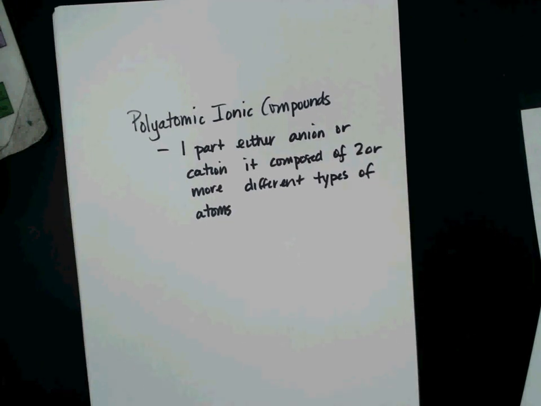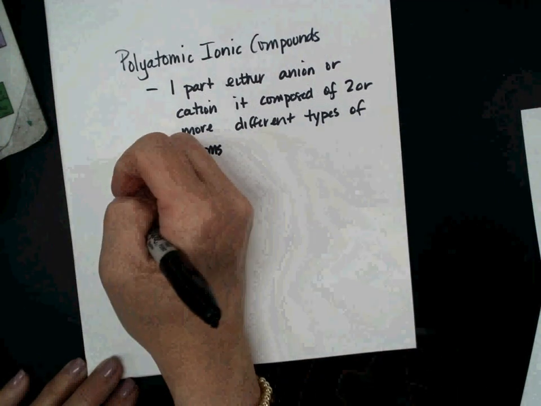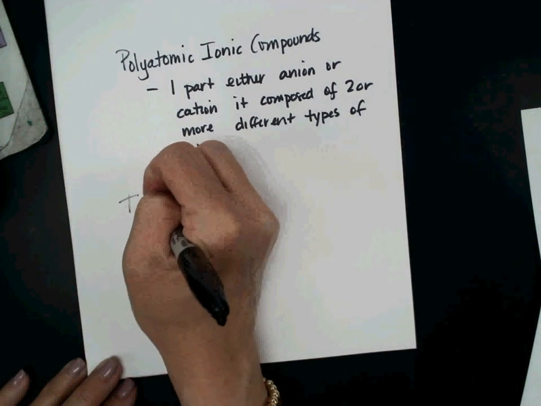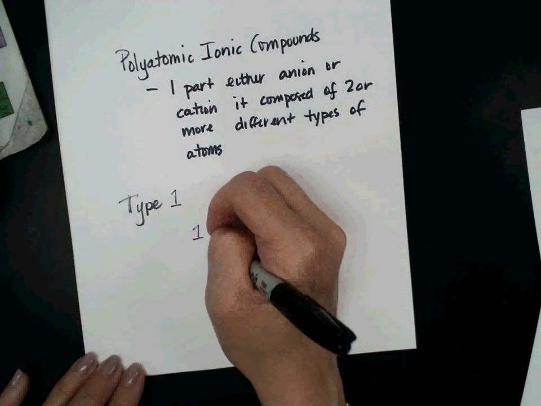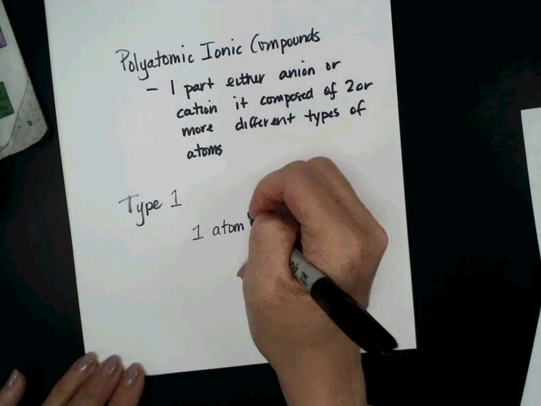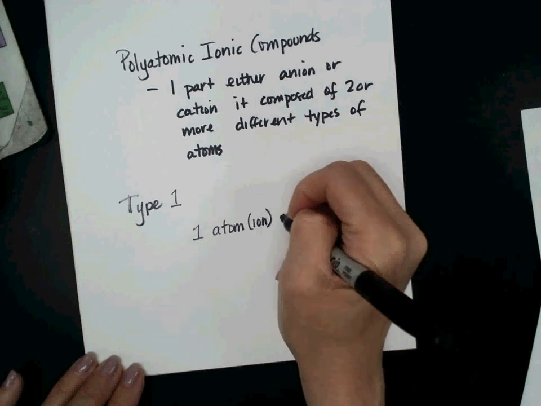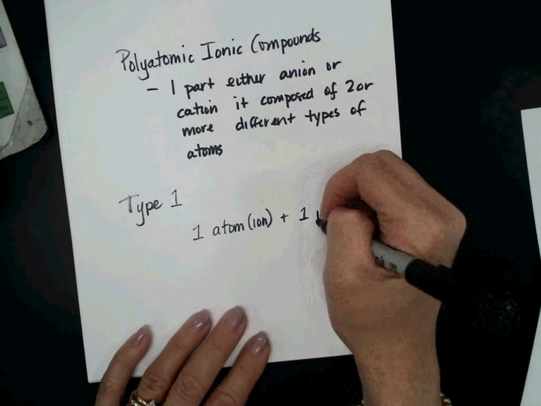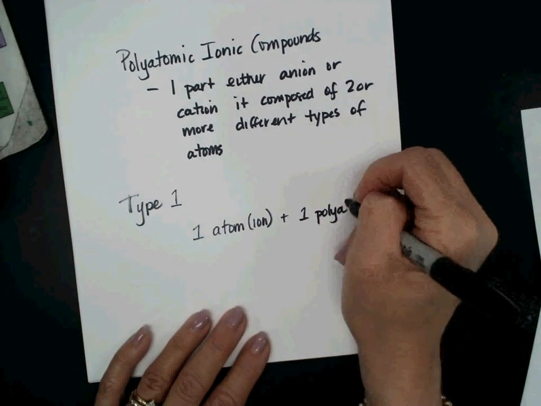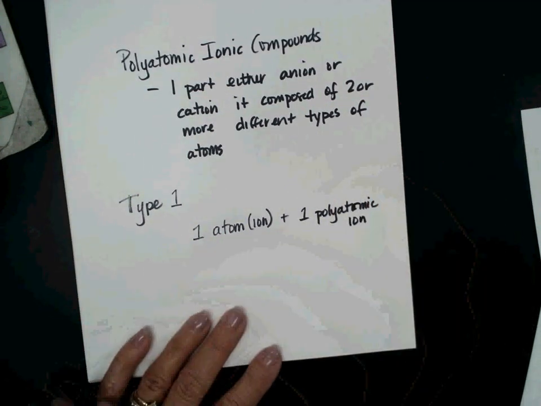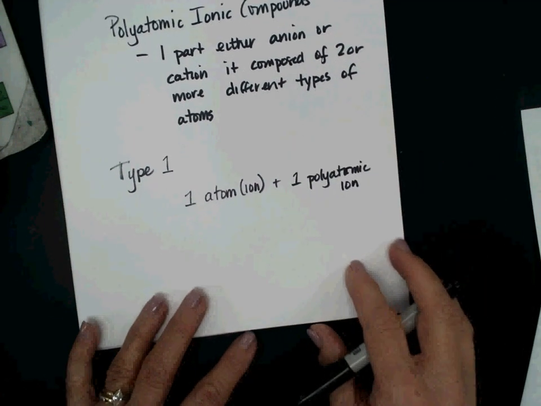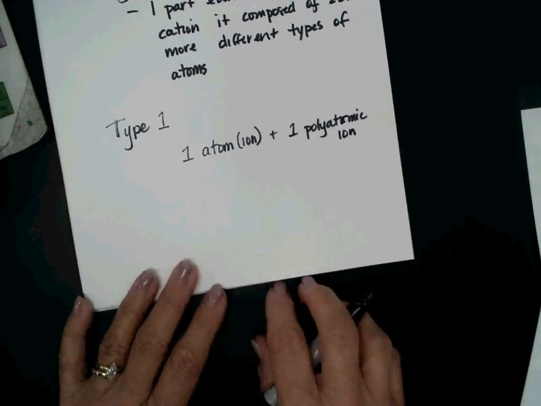So, let's look at type 1. It would be one atom plus one polyatomic ion. And we're just going to do some examples.